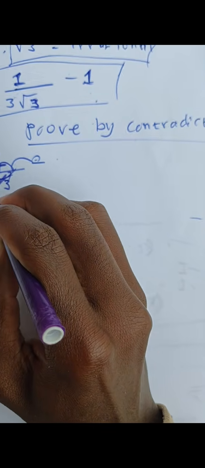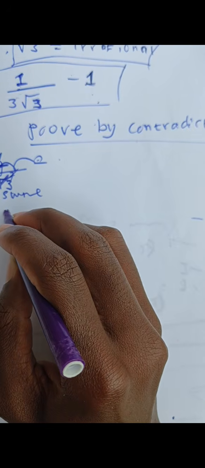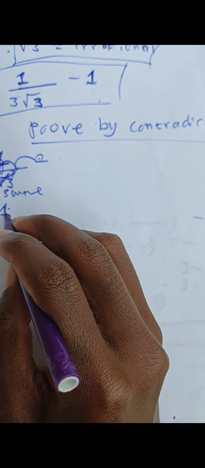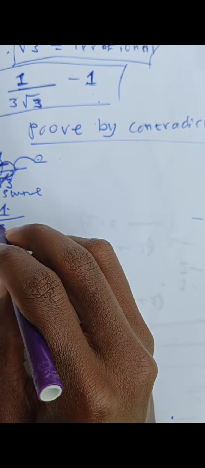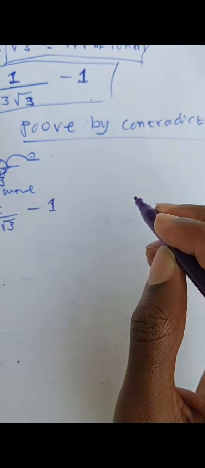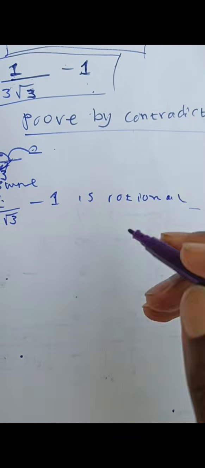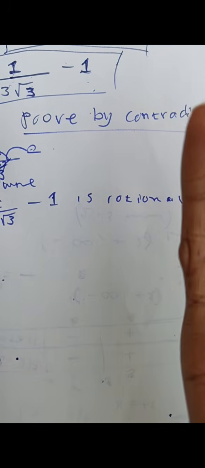You need to say, assume that 1 over 3 square root of 3 minus 1 is rational, because we are contradicting. We are opposing them.